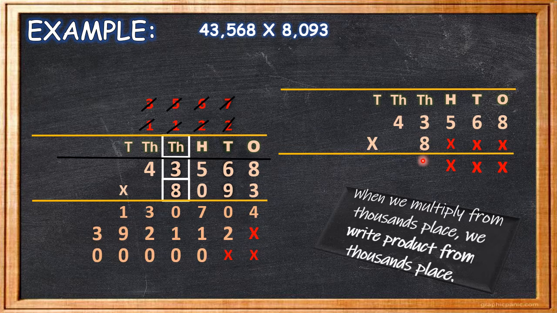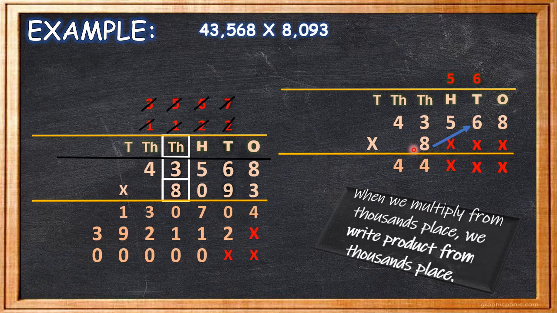Now multiply 8 with ones column. That is 8 8s are 64. Write 4 here and 6 will be carry over to tens column. Then 8 into 6. So 8 6s are, tell me, 48. Yes, children, 48 plus 6, 54. 4 here and 5 carry over to hundreds place.